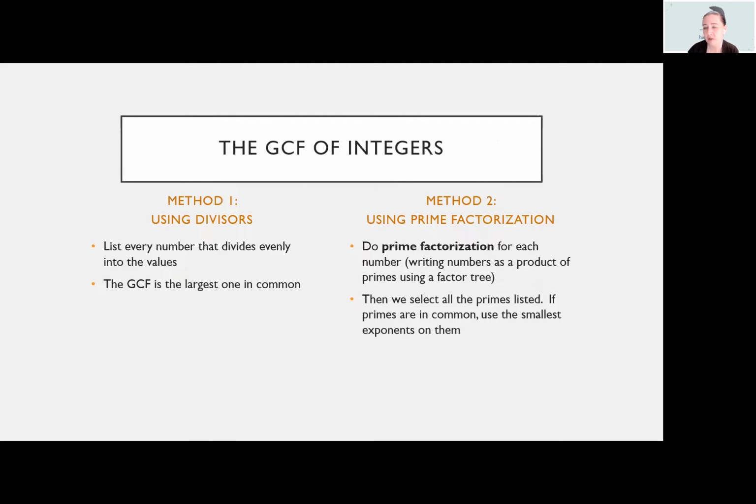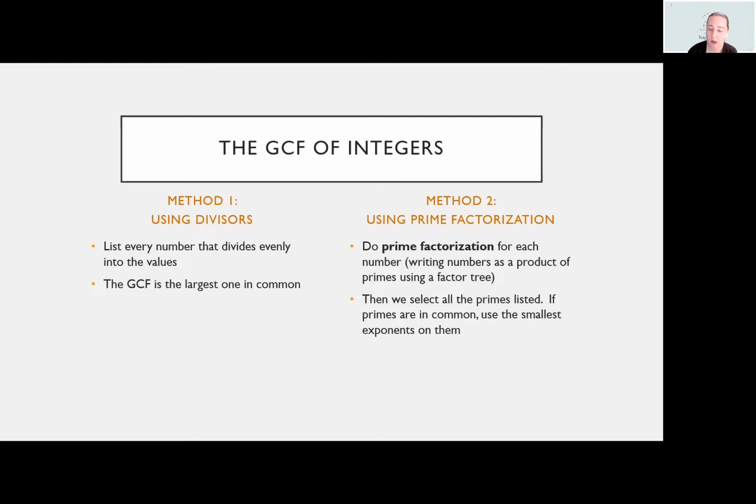So we're going to start by just looking at numbers and finding the greatest common factor out of a set of numbers, so that you get practice with numbers, because the process with numbers is different than the process with variables. So there are two methods. The first method is just to list every number that divides evenly into the numbers you have.